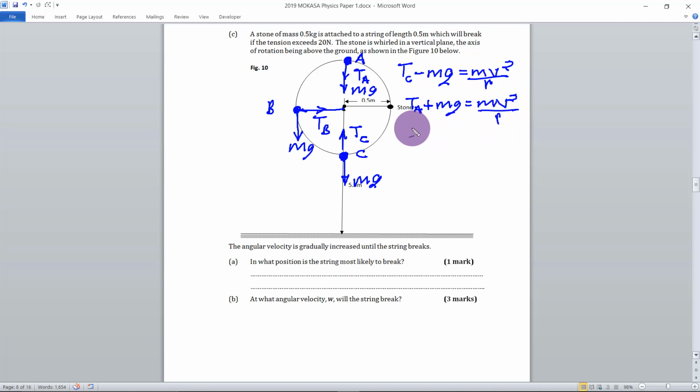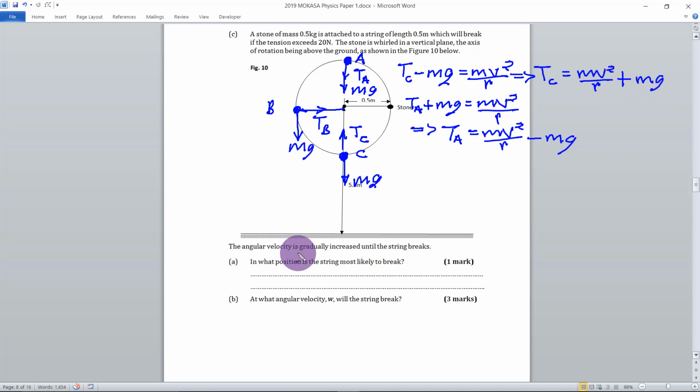And this implies that Ta is equal to mv squared divided by r minus mg. We realize that at this point, Tc is going to be equal to mv squared over r plus mg.